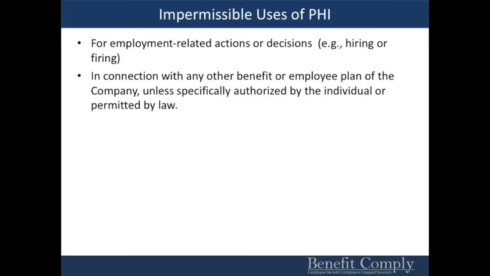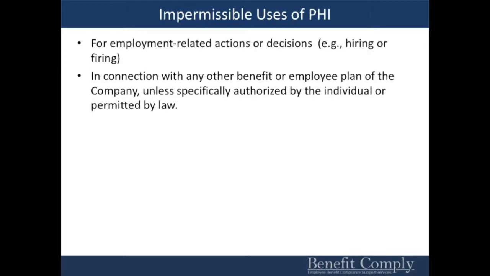We talked before about how individually identifiable information that the employer holds in its role as employer wouldn't be considered PHI. An employer's role as plan sponsor of a group health plan and its role as employer are separate. For this reason, it isn't permissible to use individually identifiable health information, or PHI, for any employment-related purpose.